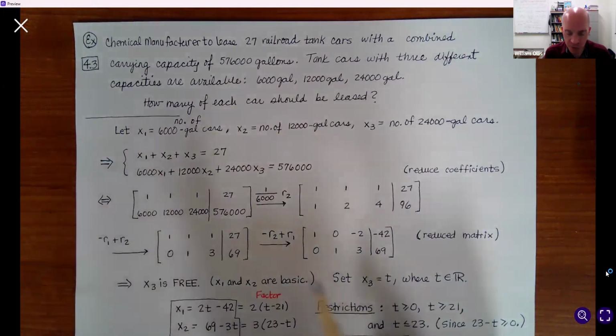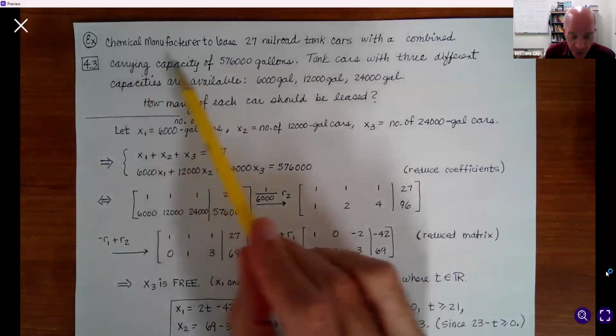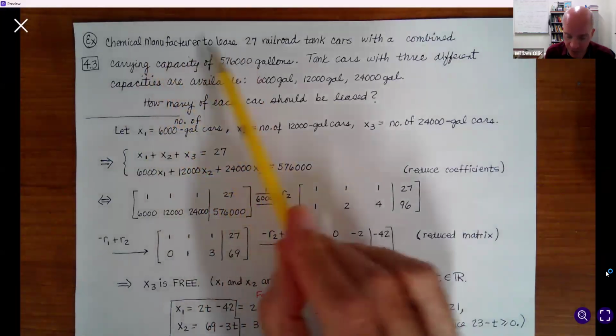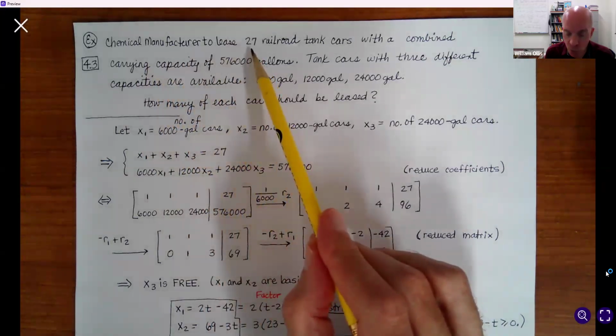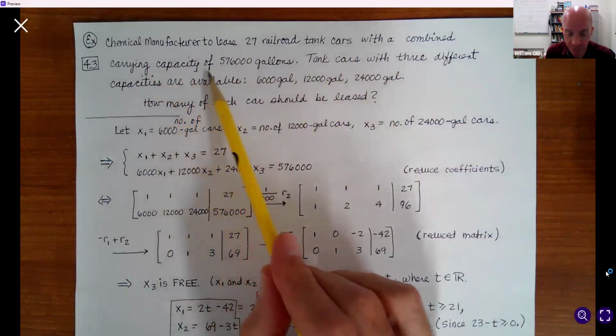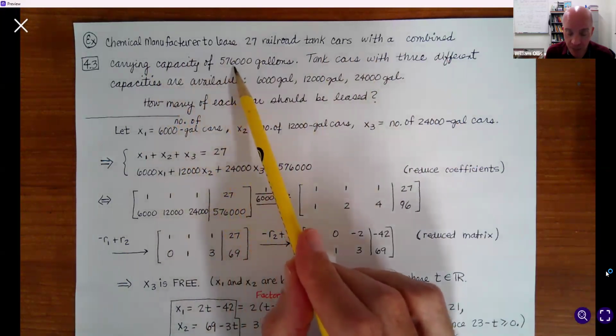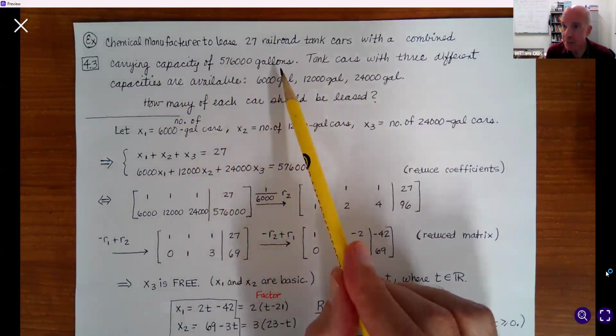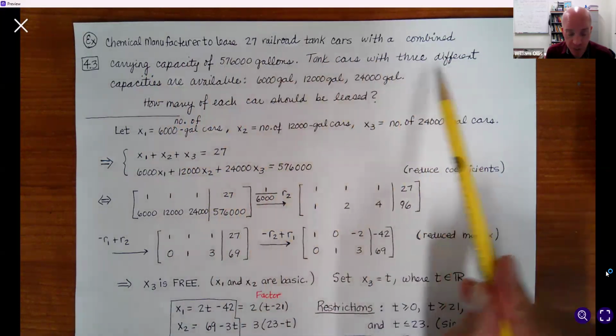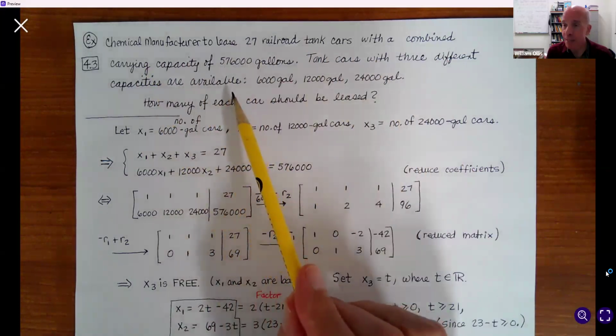of linear equations. In this particular example, we have a chemical manufacturer is going, and this is paraphrased, to lease 27 railroad tank cars with a combined carrying capacity of 576,000 gallons. Okay. And it says the tank cars with 3 different capacities are available.